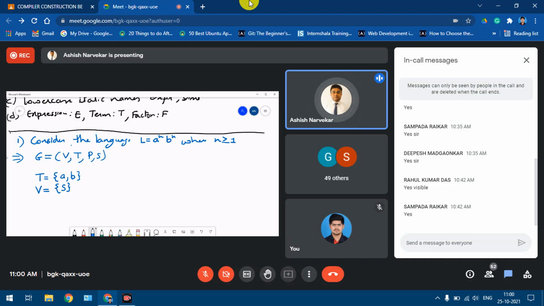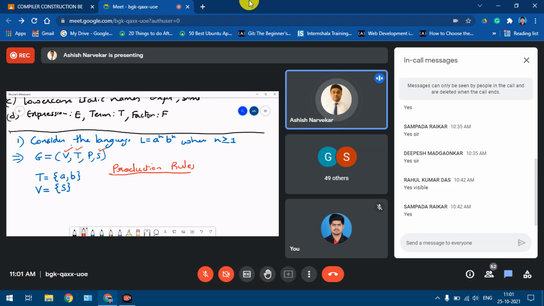Because as I mentioned earlier, the start symbol is also a part of the set of variables. So what we have done over here is we have done this, and of course the start symbol is given to us. So now we need to define the production rules.